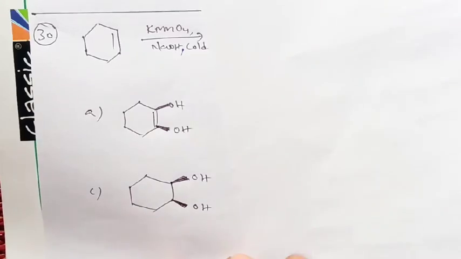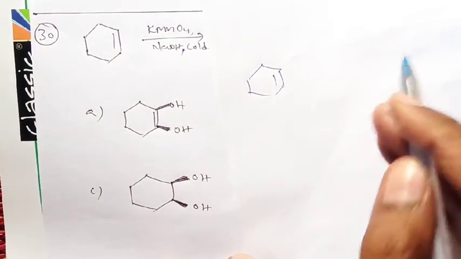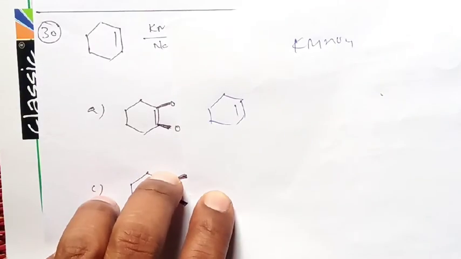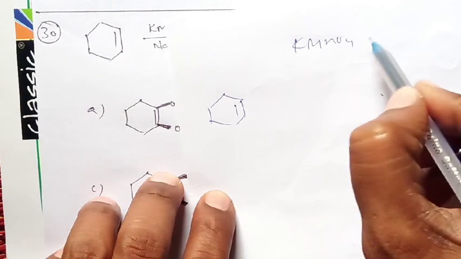Just look at here. This is the reactant given, KMnO4. Generally potassium permanganate is purple in color. Finally it is converted into MnO2, that is colorless.